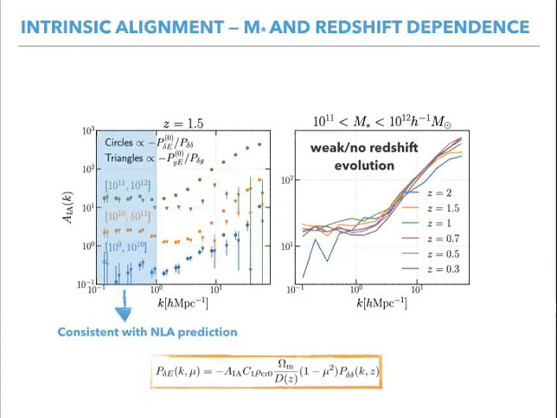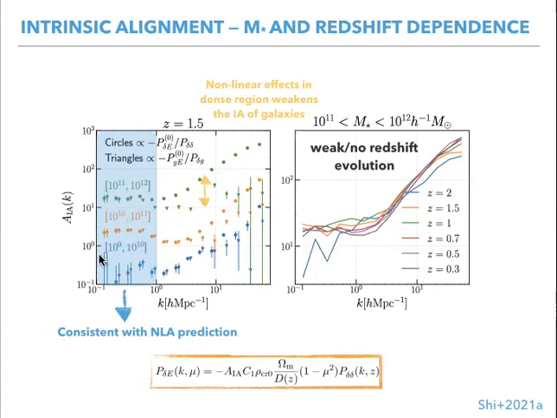Because we measured intrinsic alignment by cross-correlating the E-mode shear with either the matter field or the galaxy field, we found a discrepancy at small scales for those two measurements, which suggests that nonlinear effects in the dense region weaken the intrinsic alignment of galaxies. However, at large scales, those two measurements agree with each other, which is a very good thing, because it says the large-scale intrinsic alignment signal is free of small-scale baryonic physics and so on.